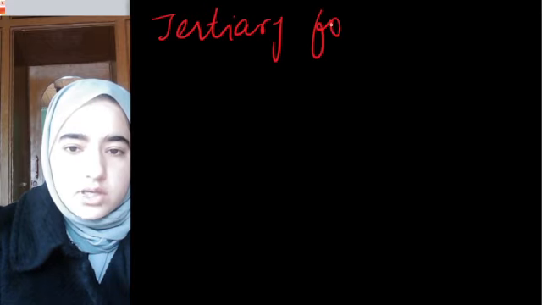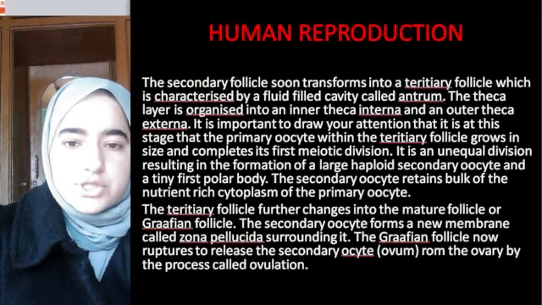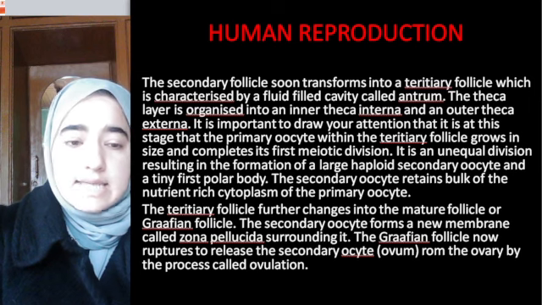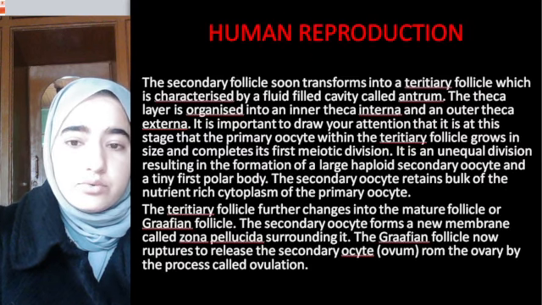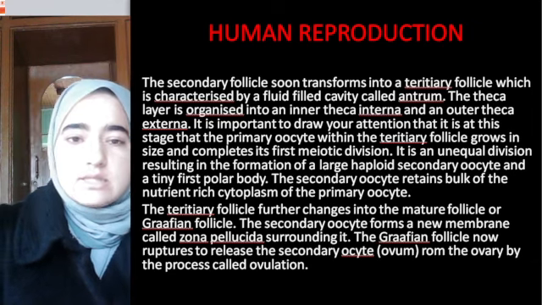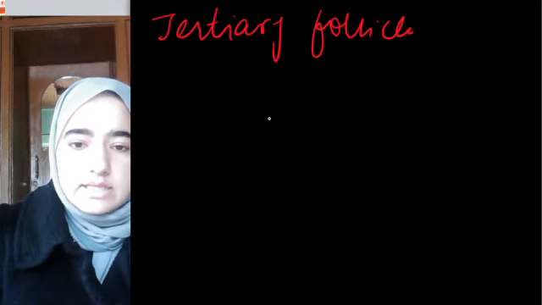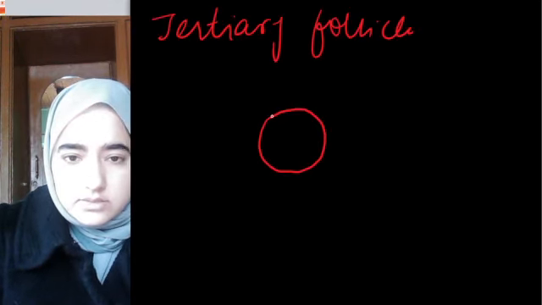The secondary follicle gets transformed into the tertiary follicle. See what the tertiary follicle is. The tertiary follicle is characterized by a fluid-filled cavity known as the antrum, and the theca is organized into inner theca interna and outer theca externa. See, for example, this is a follicle.